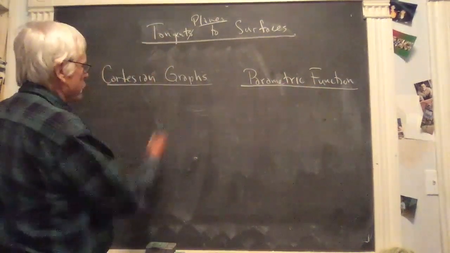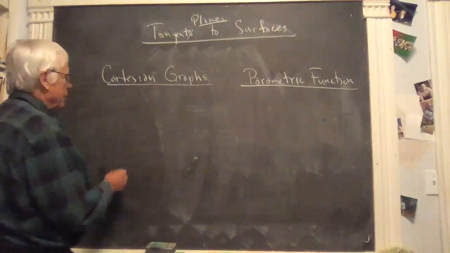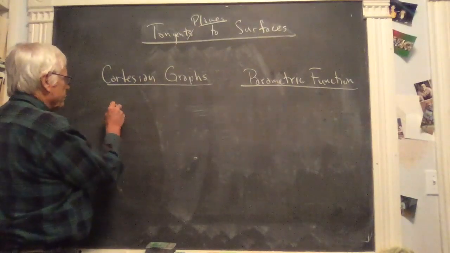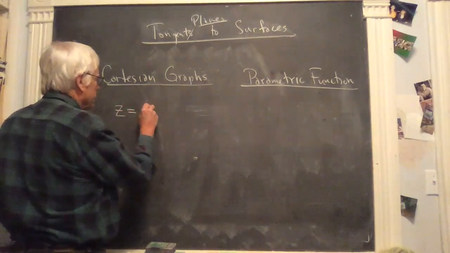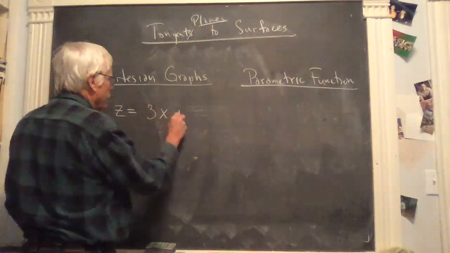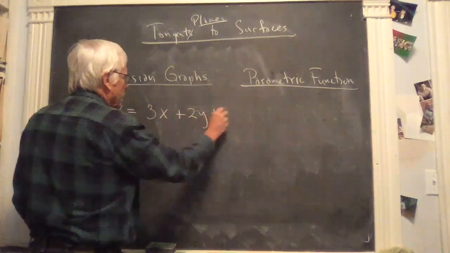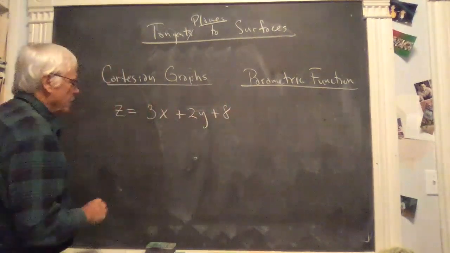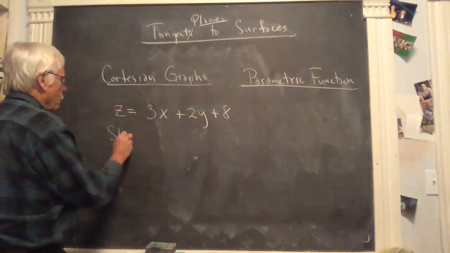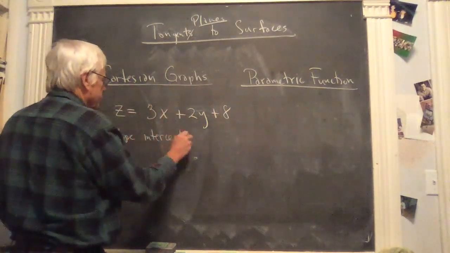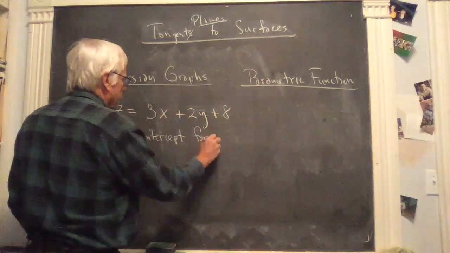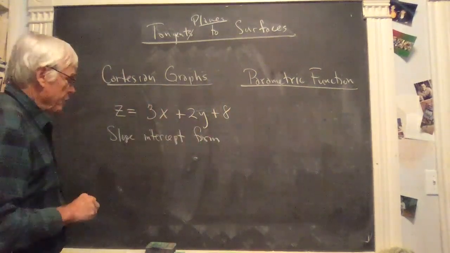So a Cartesian graph might be of the form z equals 3x plus 2y plus 8. This is the slope-intercept form of a plane.